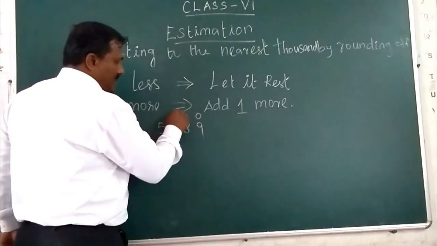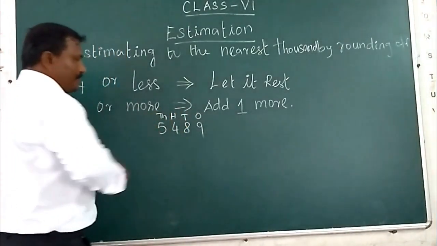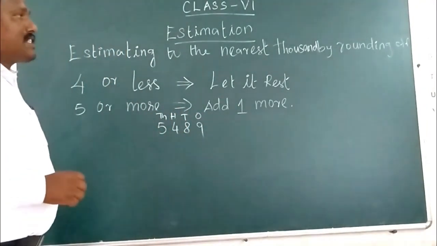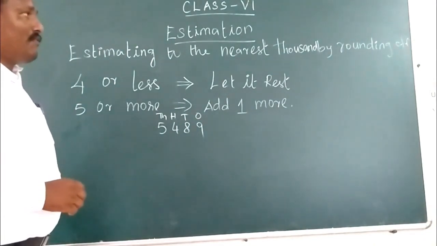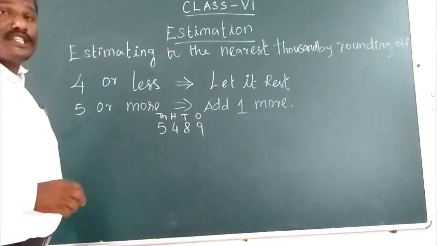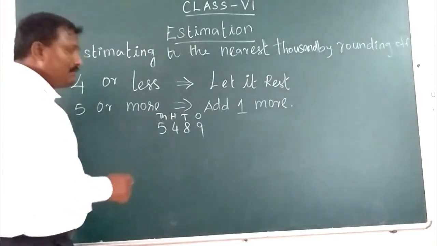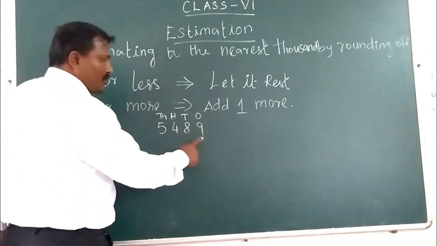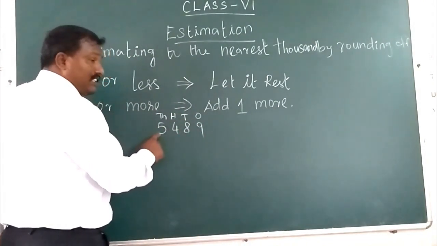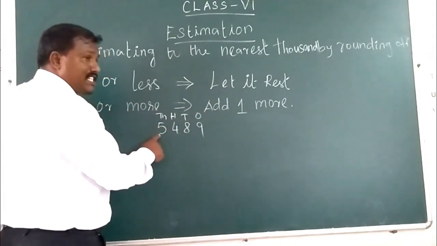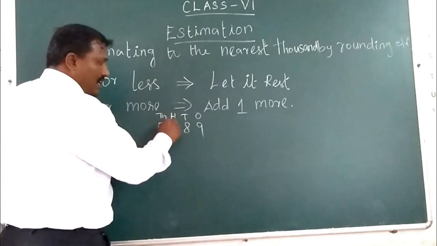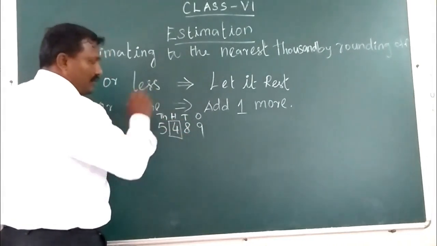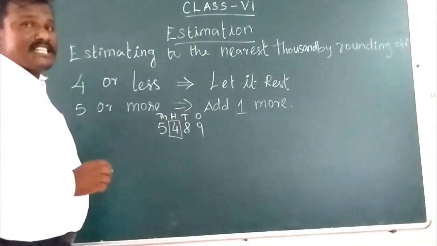The second step, find out the digit next to the thousand place. This is the thousand. The digit next to it is in the 100 place, so that is the digit we check.